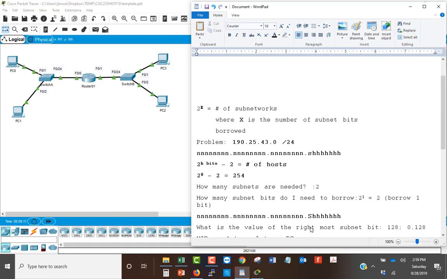So what is the value of this bit right here? The rightmost value of our subnet bit is 128, which becomes our block size, and we know that our blocks are then 0 and 128.